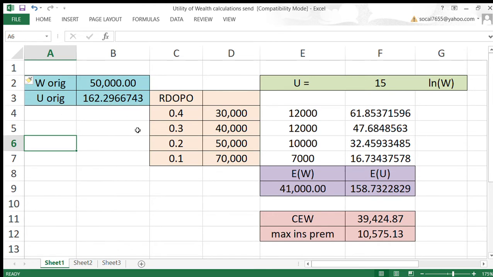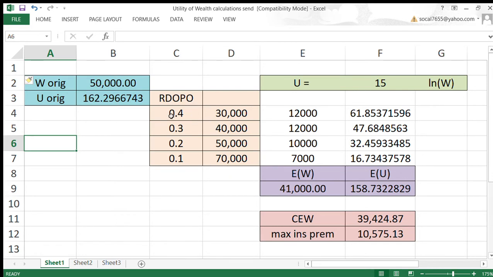Now, at issue here is, what is our expected utility of wealth given the arrival of this risky distribution of possible outcomes? We can see that it's calculated on this table. But before we do that, let's quickly calculate the expected value of wealth given this RDOPO.